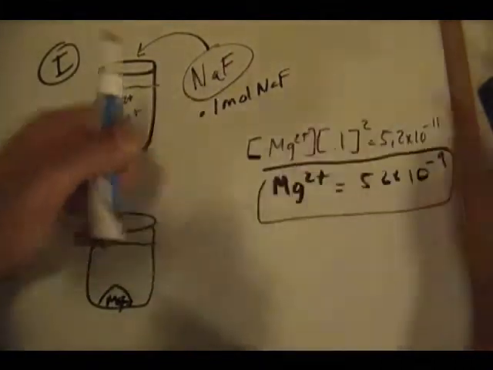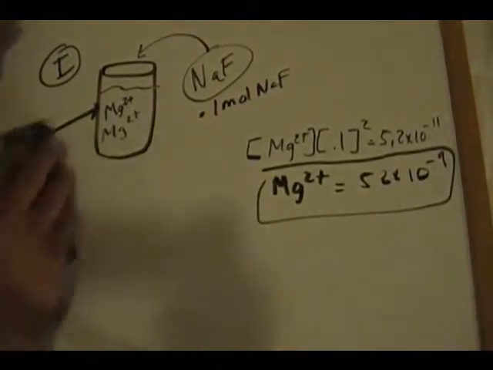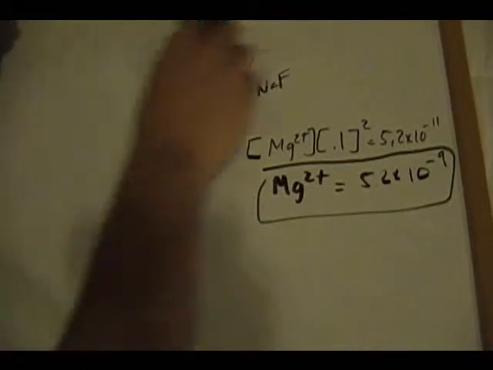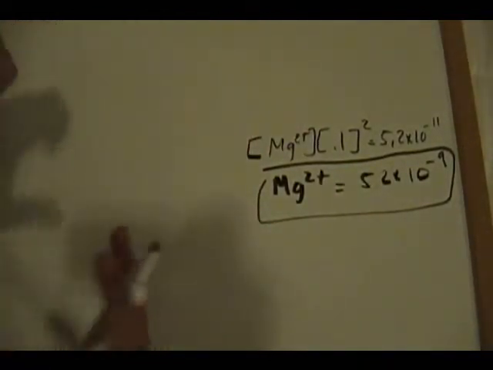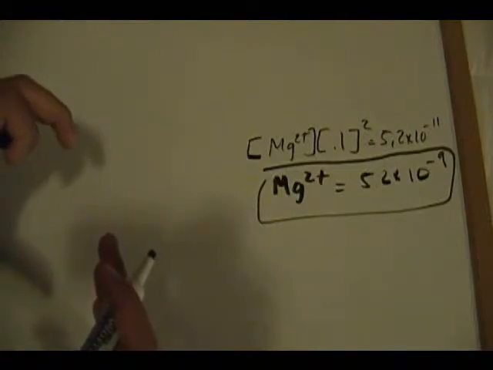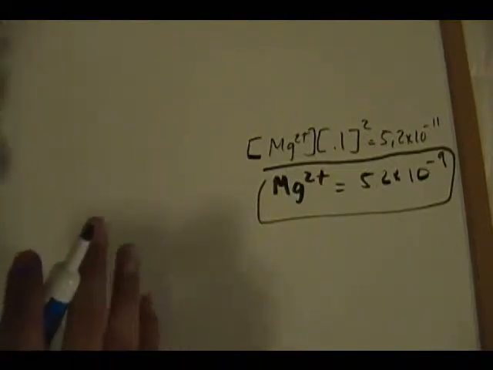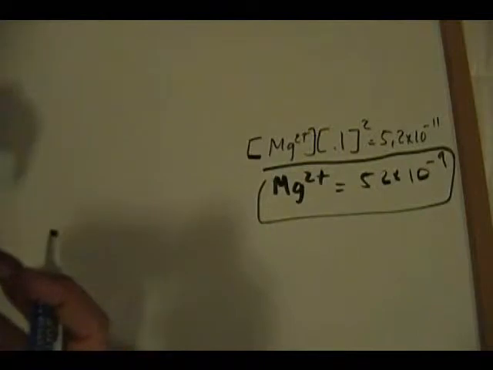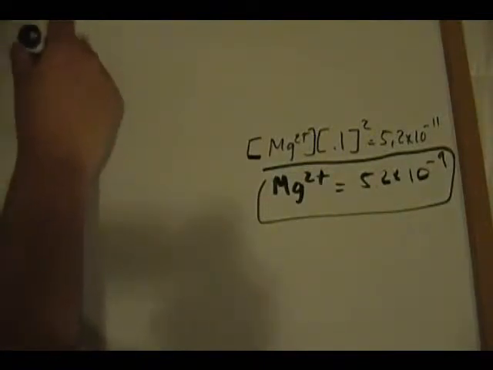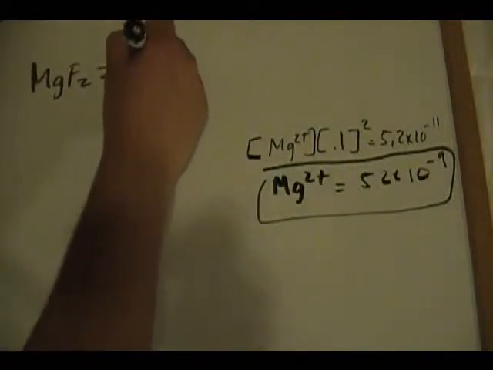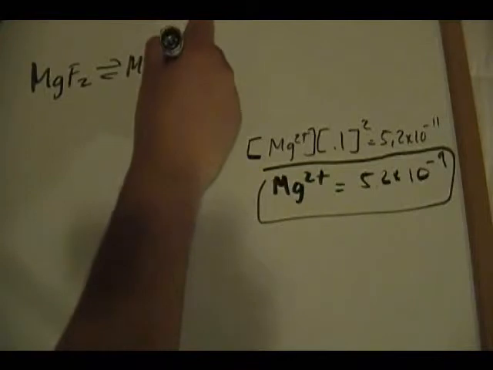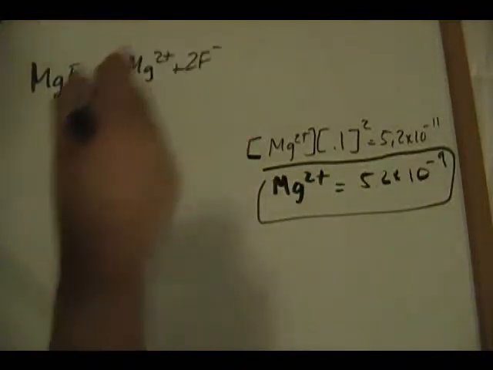Because initially, let me erase this diagram here, this little picture right here. Initially, in the earlier videos, when the magnesium and fluorine were coming from one source, we set it up like this: MgF2 goes to Mg2 plus and 2F minus.